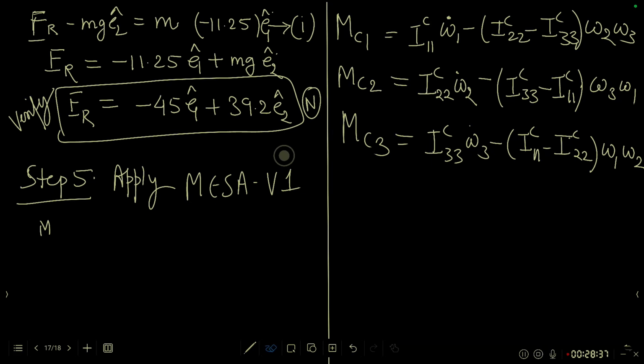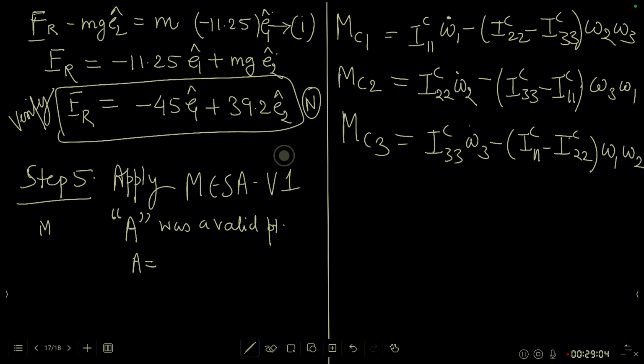Note that in the original MESA V1 equation, I was using point A. A was a valid point. In this problem, I have chosen A equals C, the center of mass of RB2.